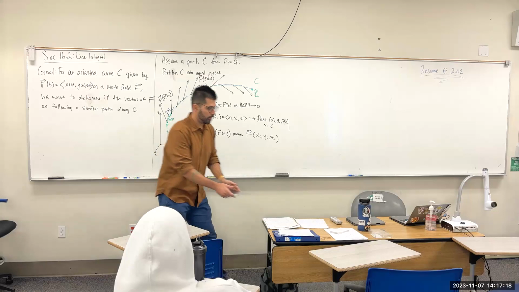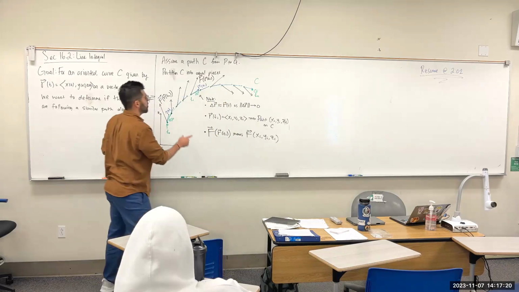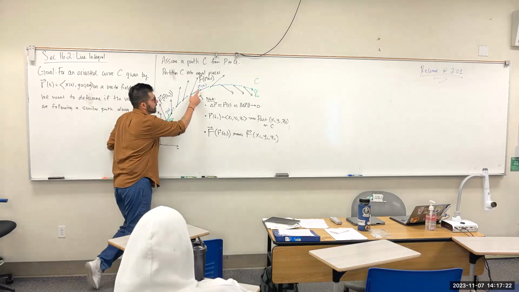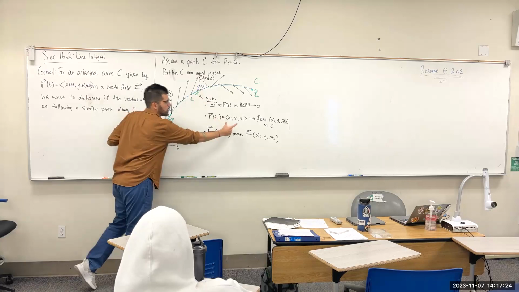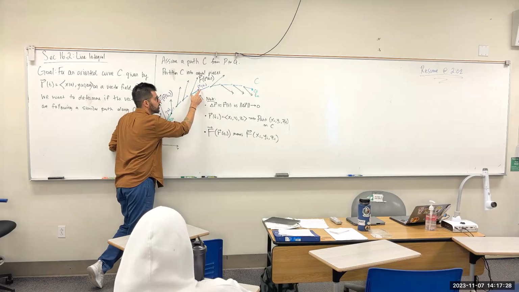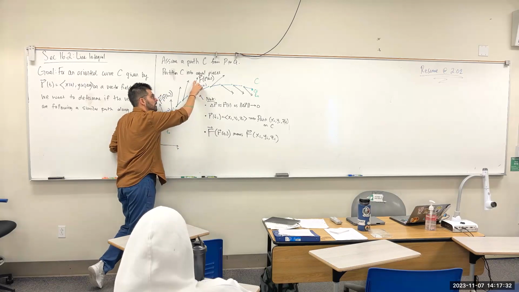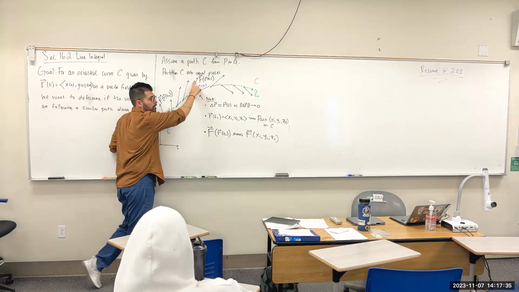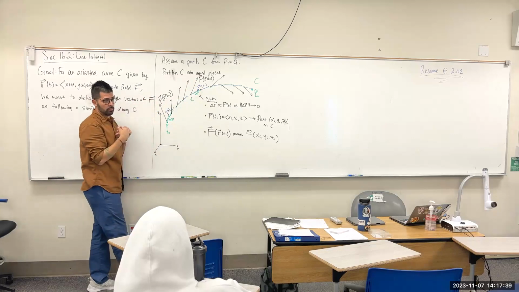Okay. So the way we're going to answer that is we're going to ask, what's the relationship between these vectors that are going to be approximately equal to each other? What's the relationship between these green vectors and this black vector field vector? How are they related to each other?